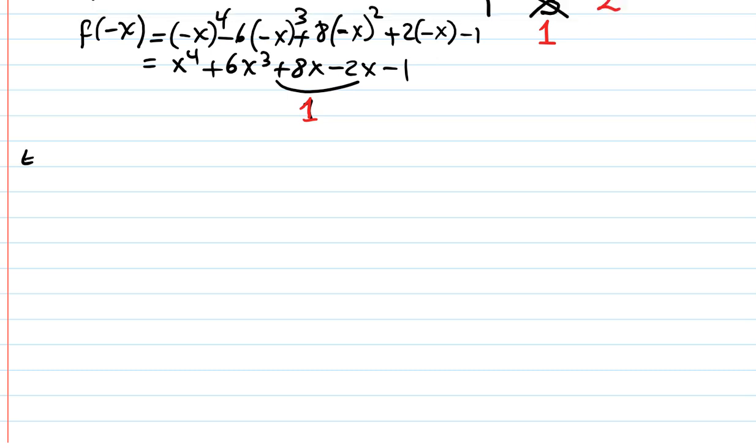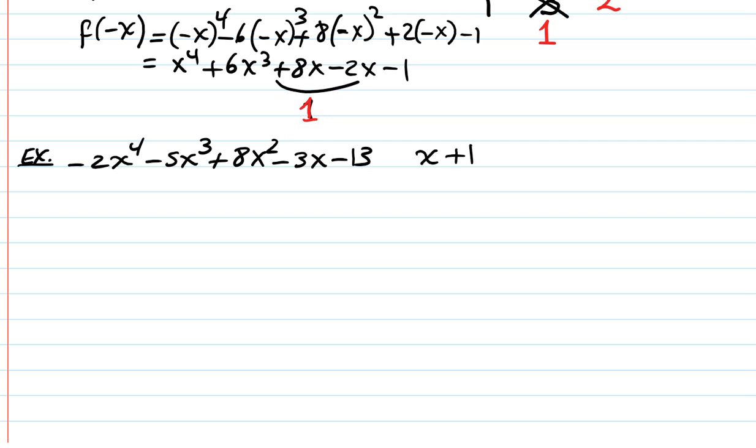So let's take a look at some examples here. In this example, let's say I have negative 2x to the fourth, a polynomial function with real coefficients, plus 8x squared, negative 3x, minus 13. And here, I'm going to use x plus 1.